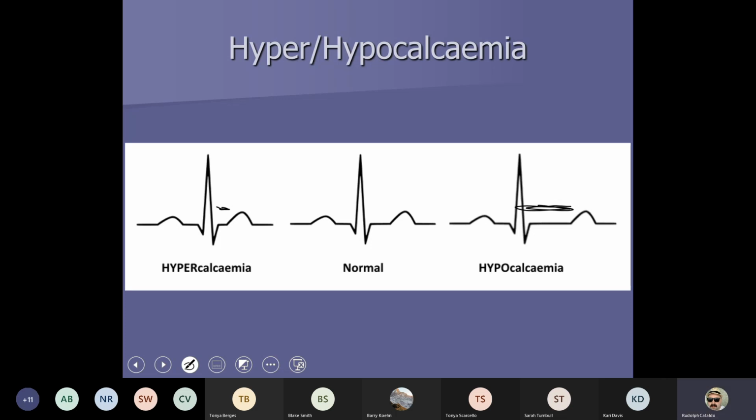This prints out on your monitor. It will usually show as QT and then a small c, which means QT interval corrected. If that number starts to get to 450 to 500, that is a very long QT interval.